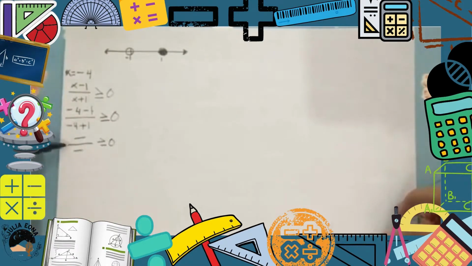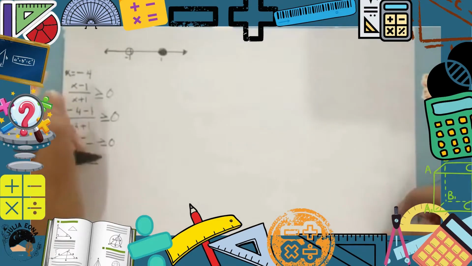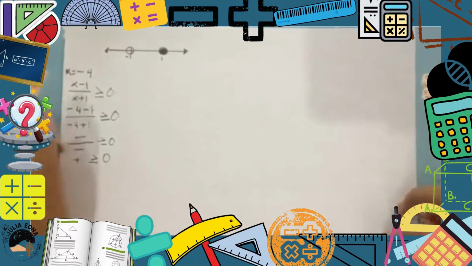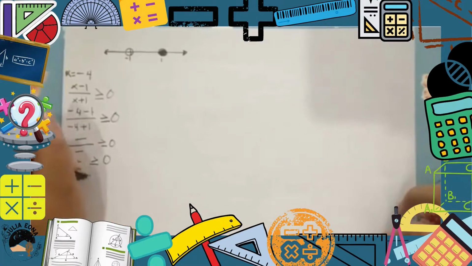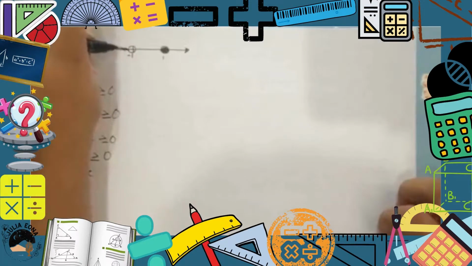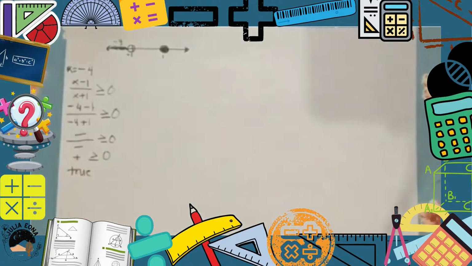So negative over negative is positive. So this solution is true. So I'm going to shade this part to indicate that this region is included in our solution.